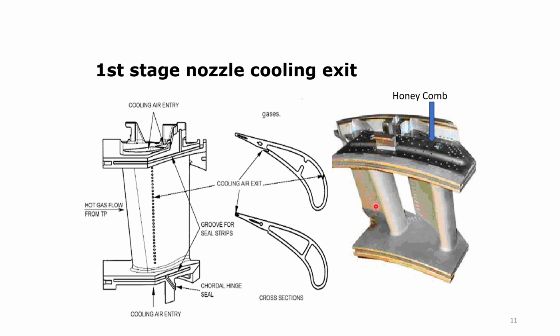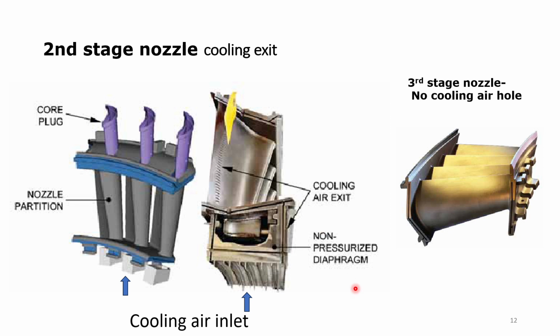Cooling air comes out from these holes, as well as through honeycomb sections, and the cooling air goes out from here to keep the nozzles cool. In a similar way, the second stage also has cooling air entering from here. Through these holes, the cooling air goes out and cools. Normally, the third stage nozzle doesn't have any cooling arrangement. It is not required.